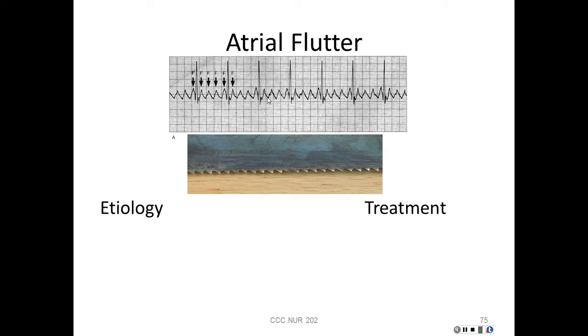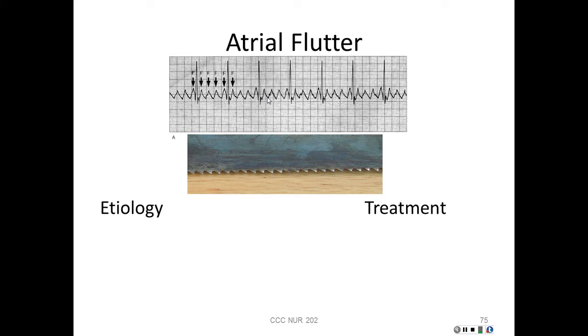So what causes atrial flutter? Basically, it's rare that it occurs in the absence of organic heart disease. So typically these patients have some type of heart disease going on. It can be acute or chronic cardiac disease. You may see it as a transient complication of an inferior wall MI.